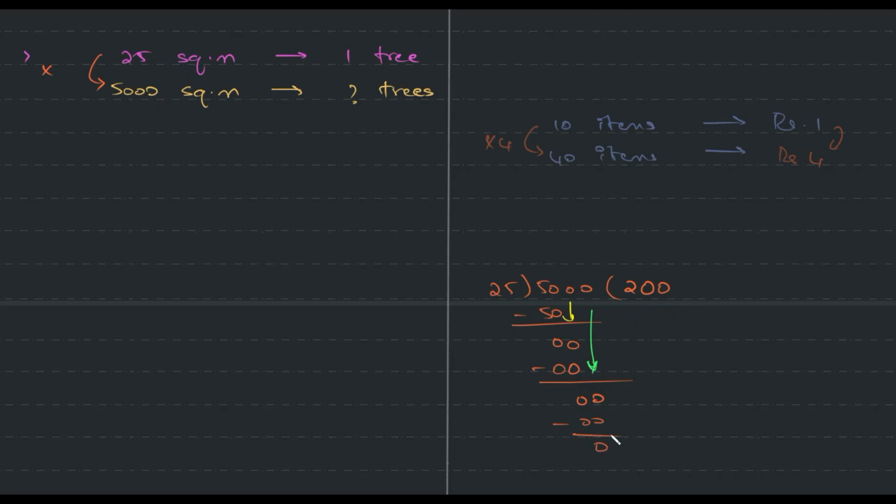So basically, this is into 200 times. If I multiply 200 over here, I'm getting 5,000. So obviously here too, I'll need to multiply 1 with 200. That will give me 200 trees.